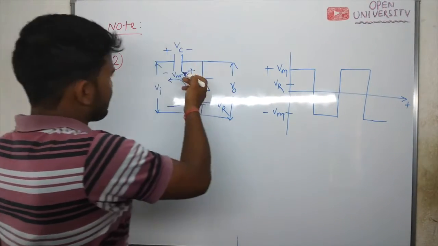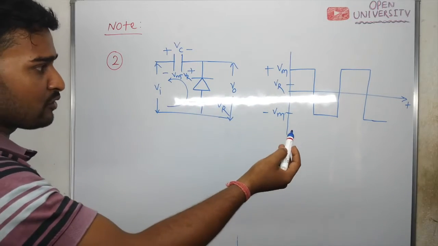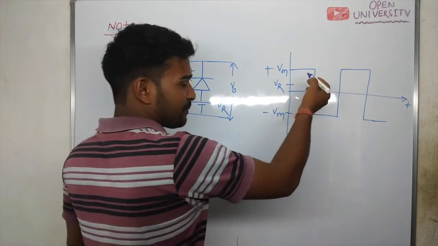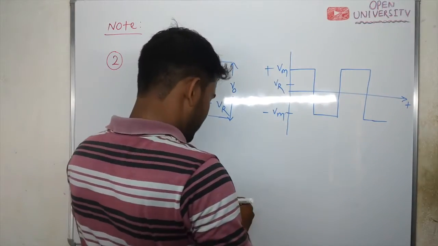I said that it is a positive clamper, so it clamps the negative peak of output to the reference voltage, and a clamper does not change the shape as well as the peak to peak value. So the output waveform will be something like this.